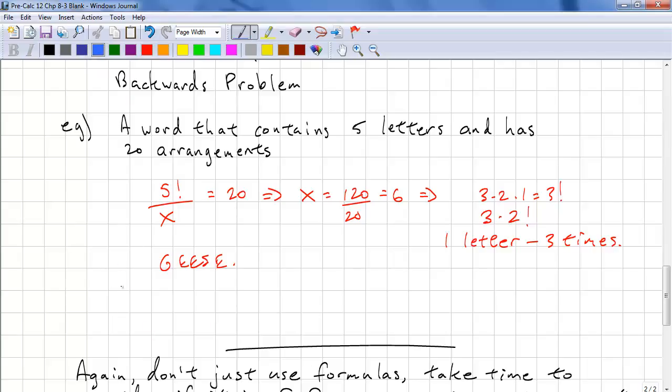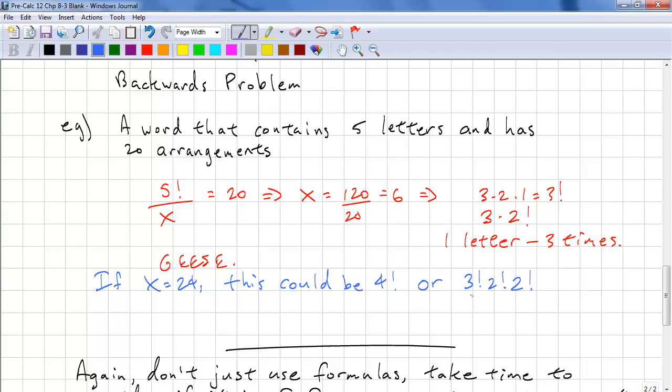So if we had a problem where x is equal to 24, there is an option here. So this could be just 4 factorial, which means we'd have 1 letter repeated 4 times. Another way to arrange 24 is 3 factorial, which is 6, times 2 factorial, times 2 factorial.